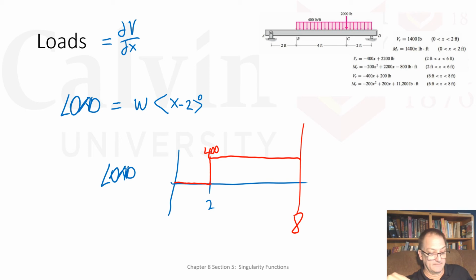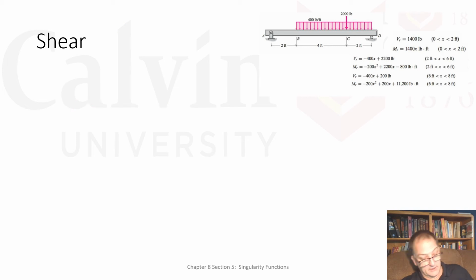Now I've got to do a couple more things. I've got to integrate that to get to my shear equation. My shear equation is equal to, well, I integrate my load equation.